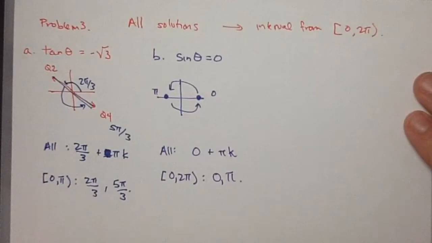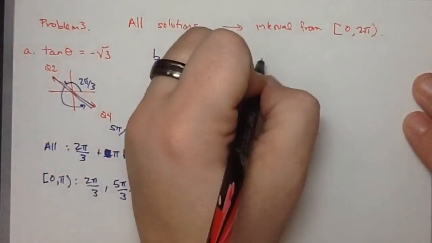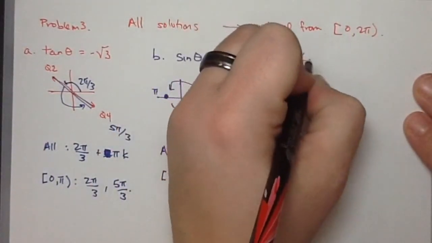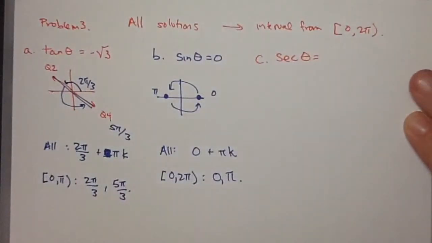Okay, fair enough. So we're going to move on. Question 3c asks, when is the secant of theta equal to negative 2? Okay, again, guys, I am kind of a big proponent of saying go back to sines and cosines.